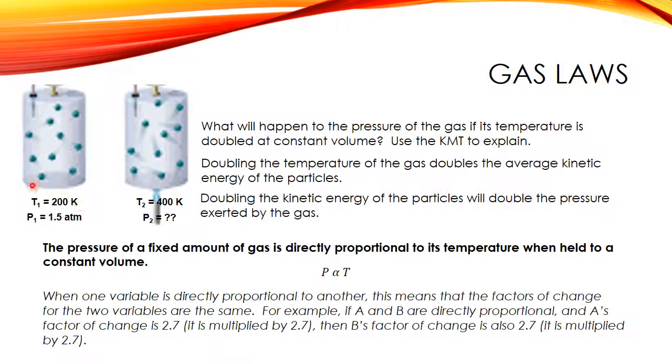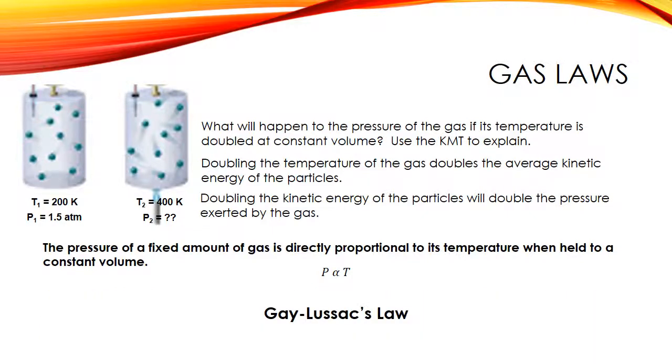The temperature was multiplied by 2 to go from 200 Kelvin to 400 Kelvin. So my pressure will also multiply by 2, going from 1.5 atmospheres to 3 atmospheres. This relationship here between pressure and temperature is known as Gay-Lussac's law. Again, don't need to worry about the names. Just want to throw it out there so you are familiar with it if you ever see it somewhere else.